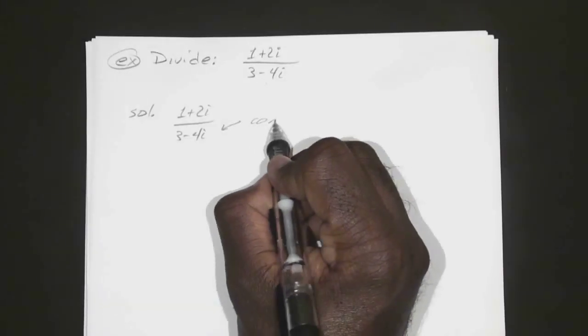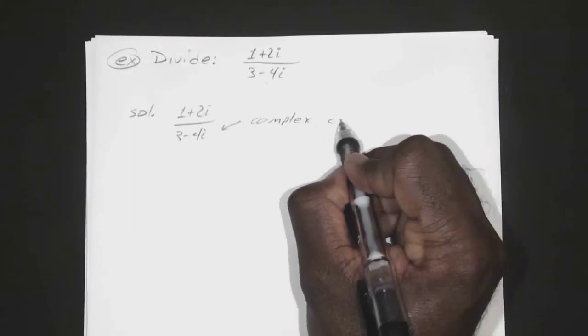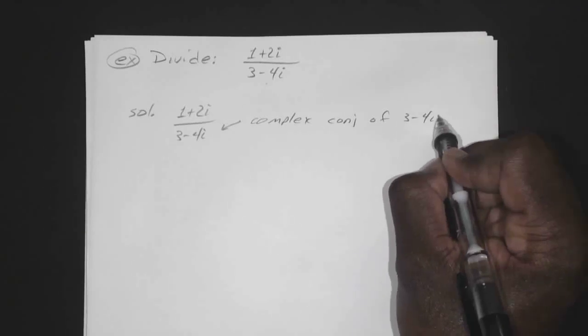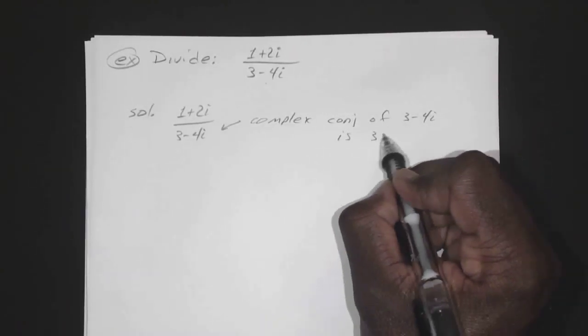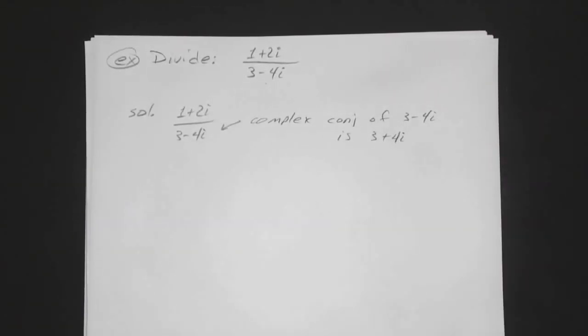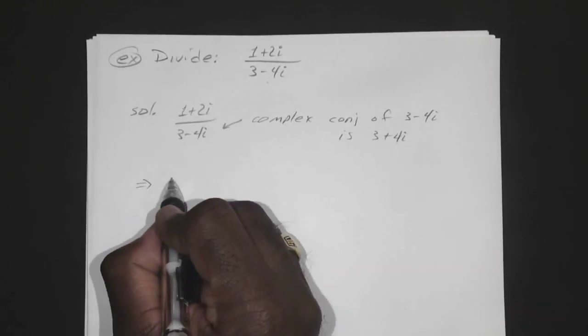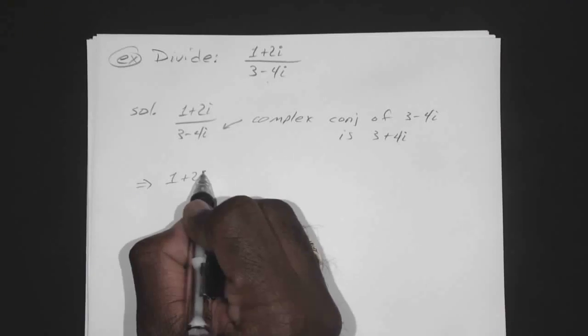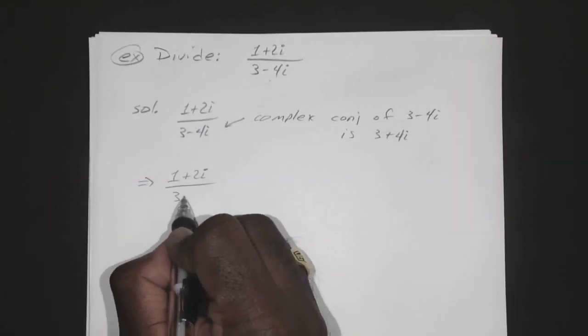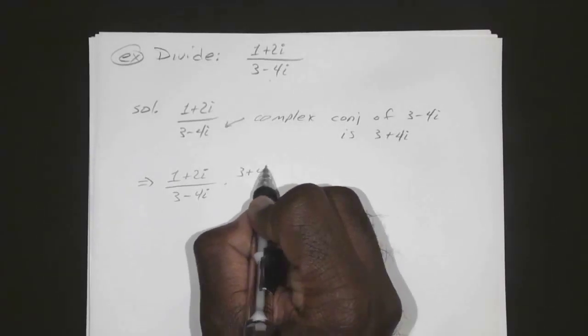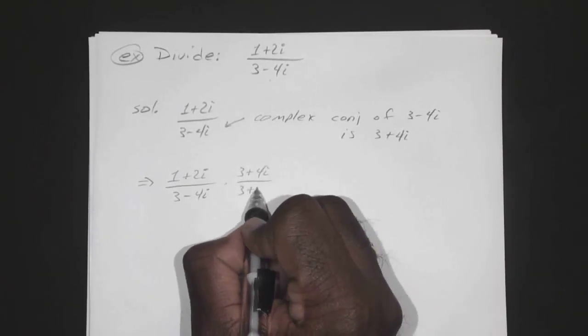We know the complex conjugate of 3 minus 4i is 3 plus 4i. So that means we have 1 plus 2i over 3 minus 4i times 3 plus 4i over 3 plus 4i.